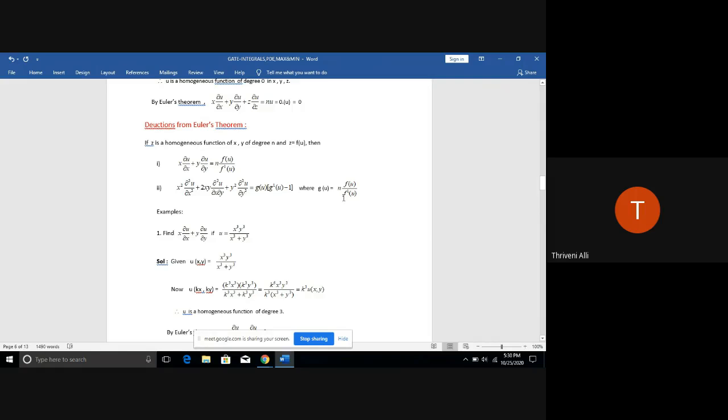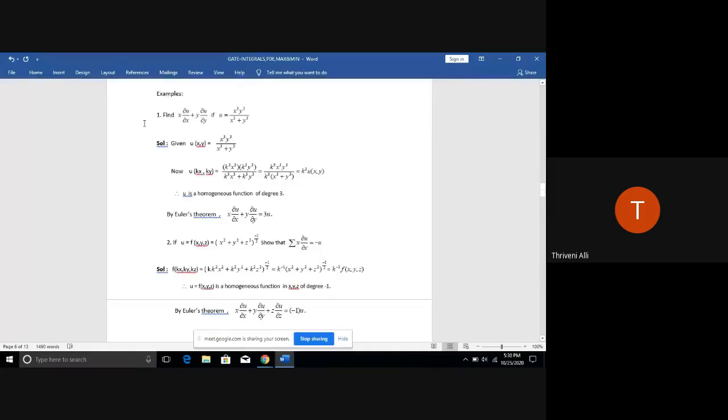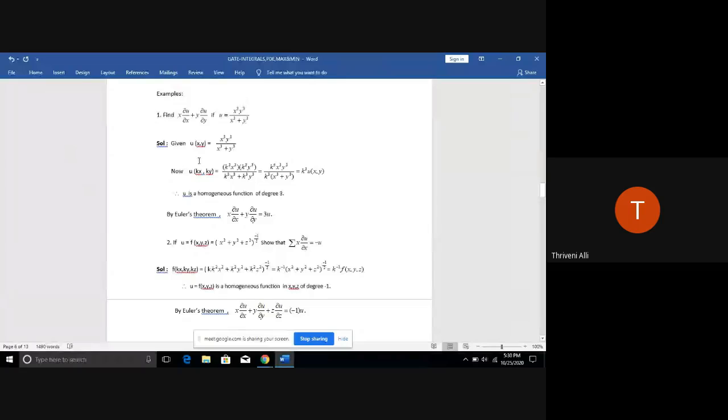See this example 1. Find x ∂u/∂x + y ∂u/∂y. So if u is a function defined, first of all we check whether it is homogeneous or not. How will we check whether it is a homogeneous function or not?